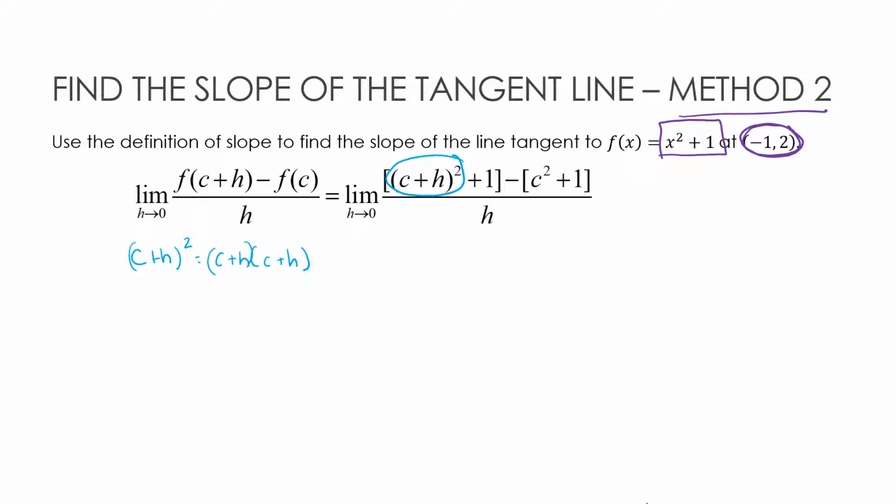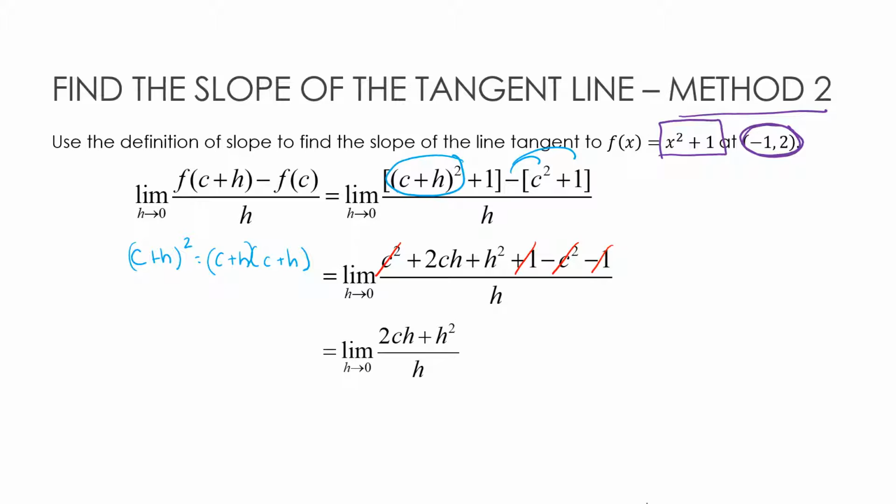So I'm foiling. That gives me c squared plus 2ch plus h squared, if I FOIL that out. And then notice minus c squared minus 1. Then I look for things that I can reduce. c squared and minus c squared cancel, plus 1 and minus 1 cancel. And that gives me 2ch plus h squared over h.